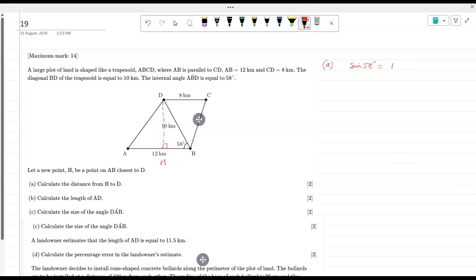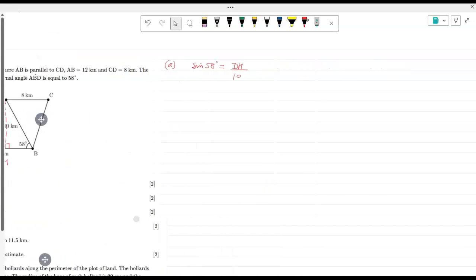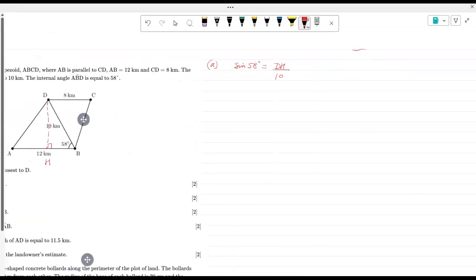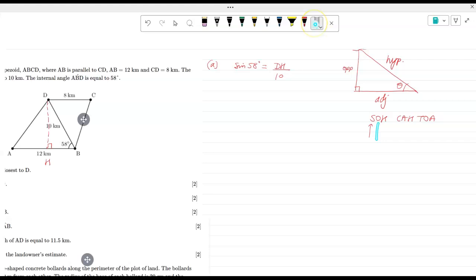DH upon 10. When you have a right angle triangle, if this is theta, this is opposite to theta, this is hypotenuse, and this is adjacent. So when you do SOHCAHTOA, your sine is opposite side upon hypotenuse.